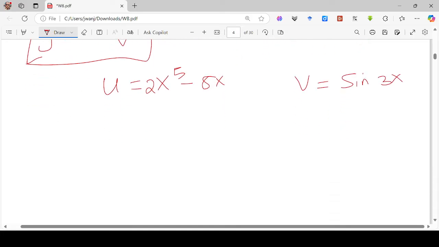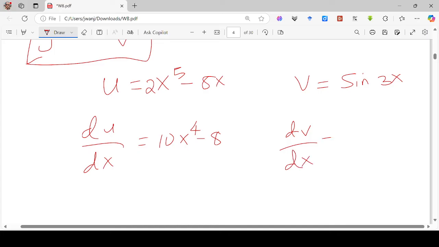So we then differentiate u with respect to x, so we find du by dx, which is 10x raised to power 4 minus 8. And then we also differentiate v with respect to x, which will give us 3 cosine of 3x.